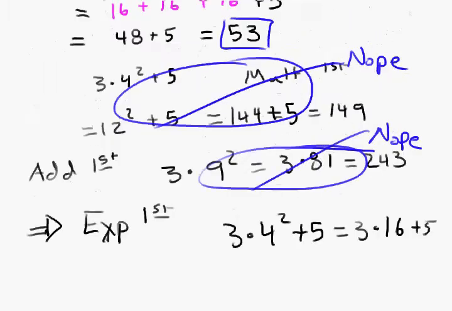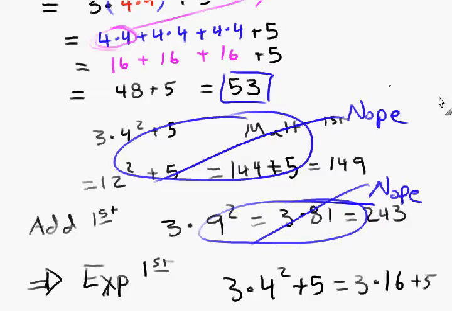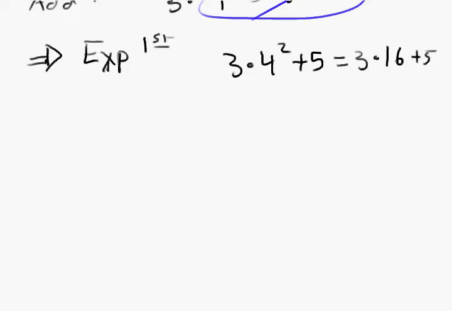This is looking good because we had 1, 2, 3 additions of 16. This right here is equal to 3 times 16. That's a good thing. So then do we do the addition or the multiplication?